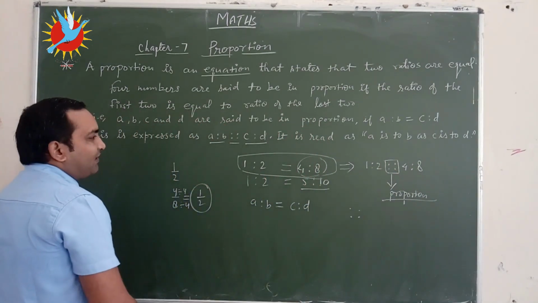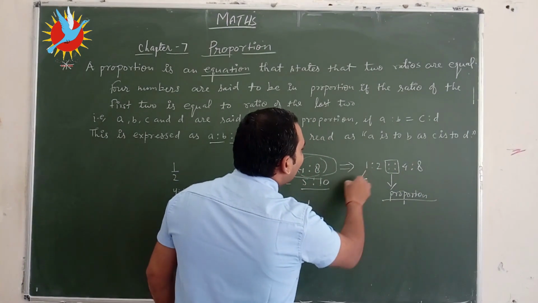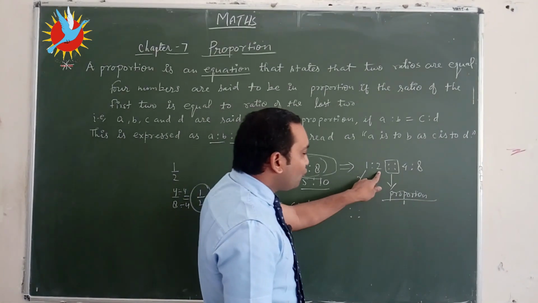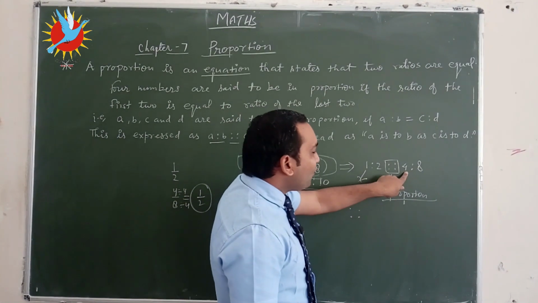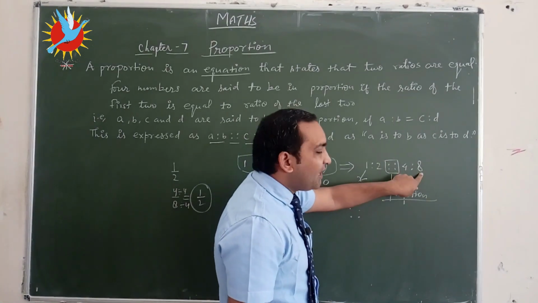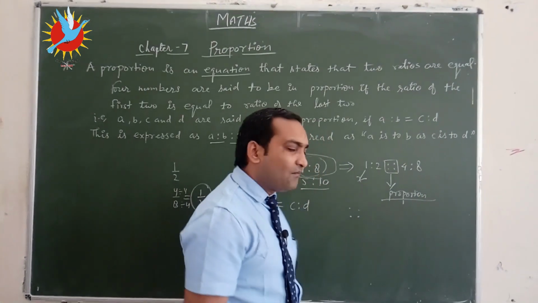We know that 1 is called the first term, 2 is called the second term, 4 is called the third term, and 8 is called the fourth term.